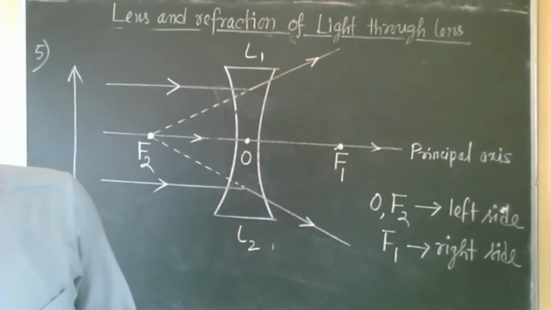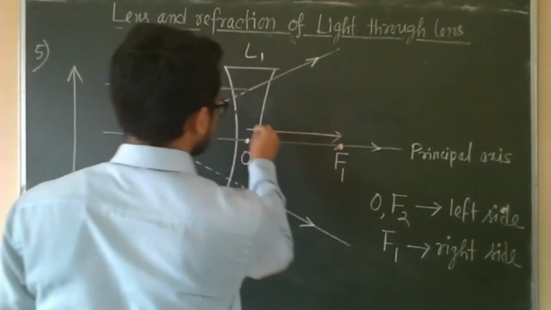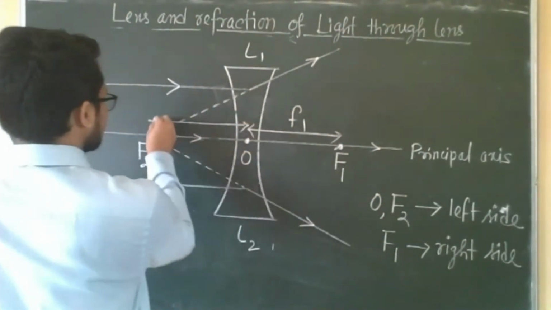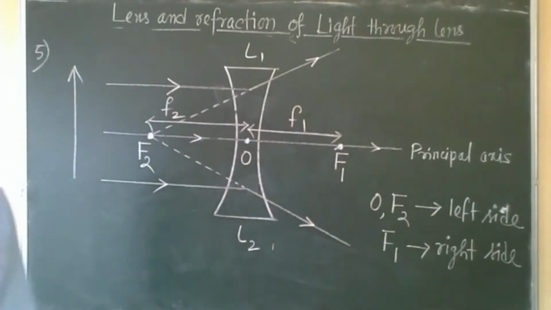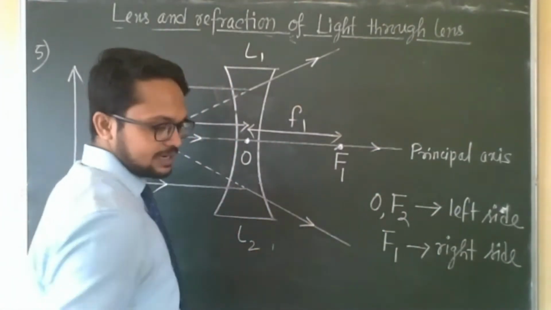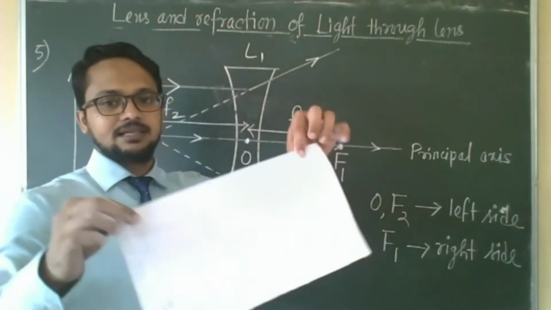Now come to focal length. I have already told this distance. This is the first focal length f1 and this is the second focal length f2, measured from the optical center. And if you want to know what a focal plane is, take one plane, suppose this page is a plane.